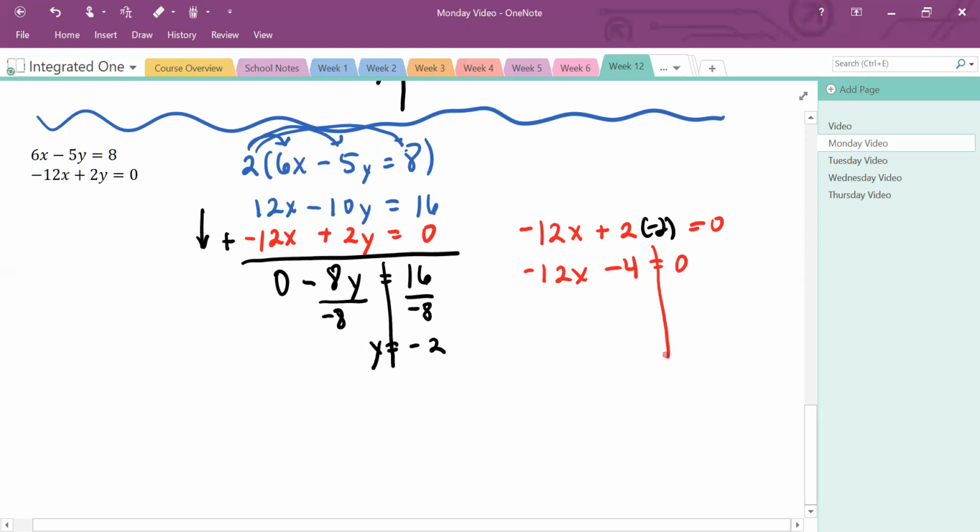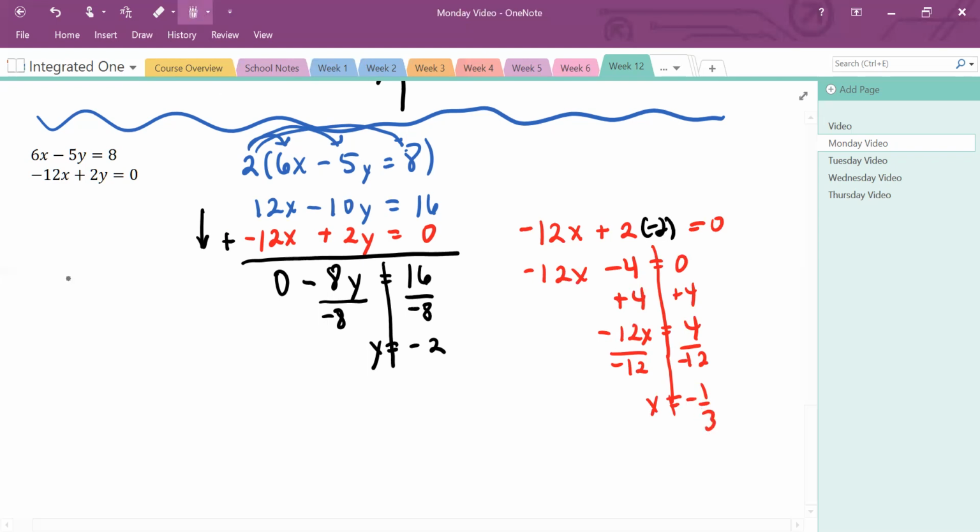If I add 4 to both sides, negative 12x is equal to 4. If I divide both sides by negative 12, x is equal to negative 1/3. So there are my solutions. x is equal to negative 1/3, y is equal to negative 2.